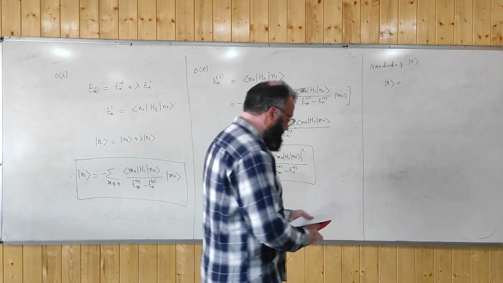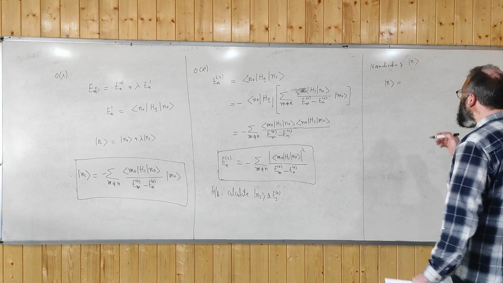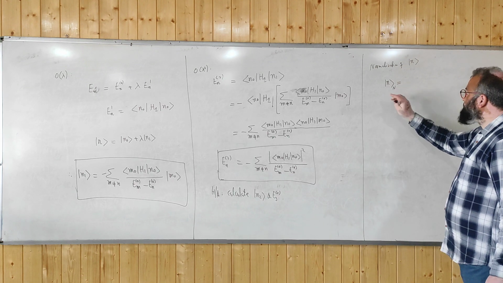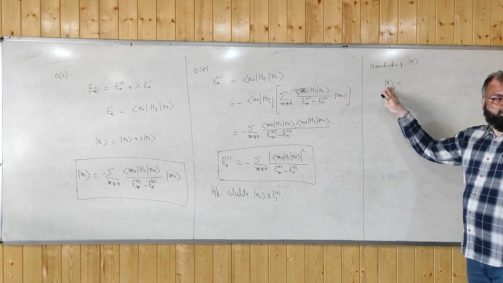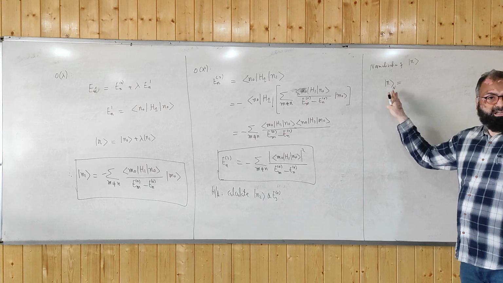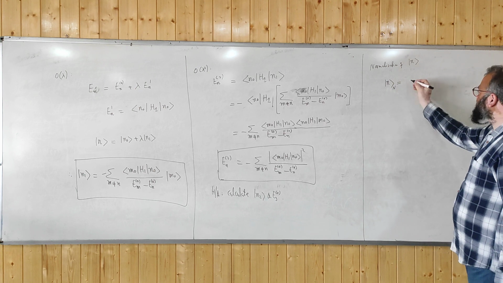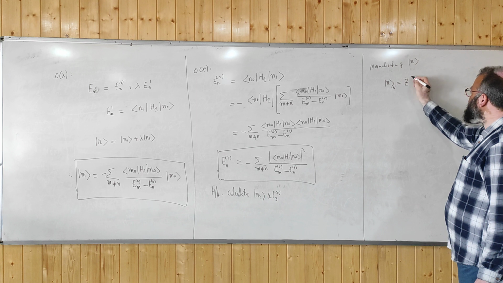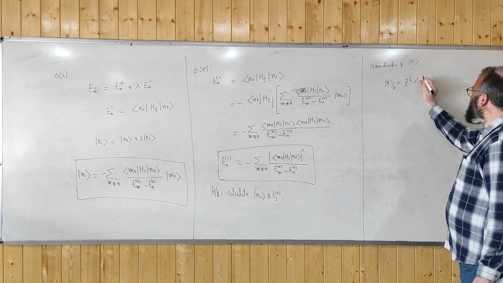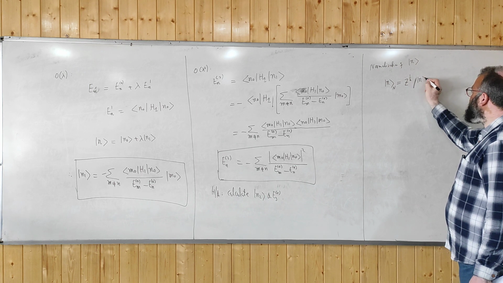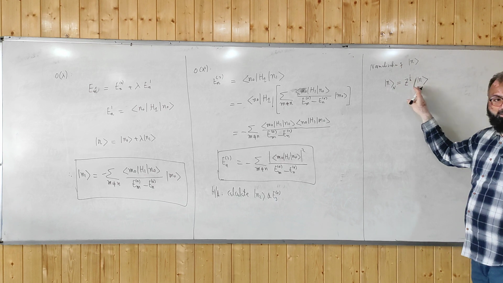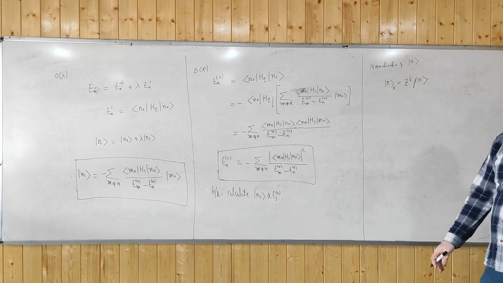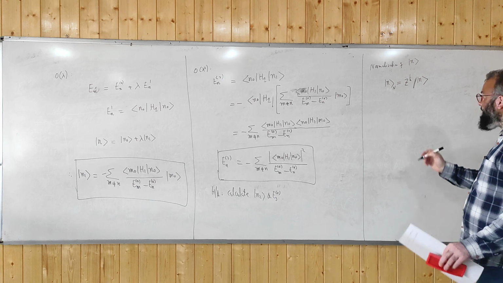So let me put it here. Let's define our normalization this way. So this is your perturbed ket, and let me normalize it. N means a normalization here. Let me write a number, Z raised to the power half. So this is an unnormalized perturbed ket. Clear?